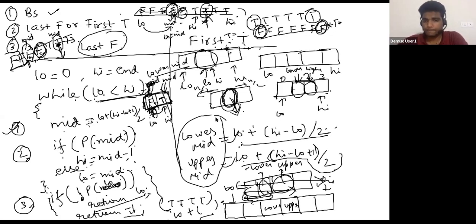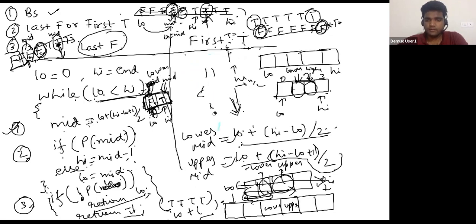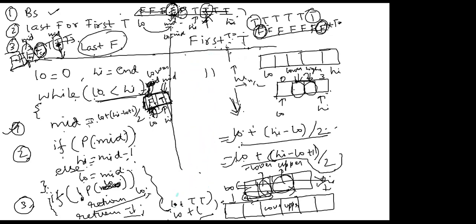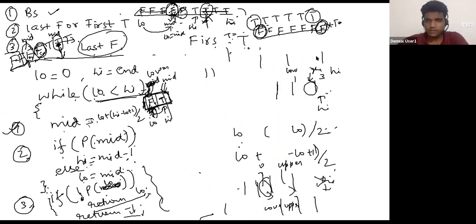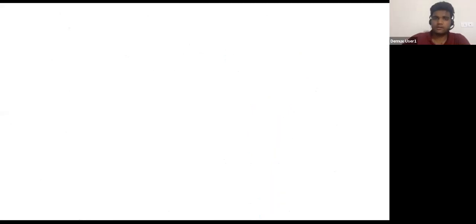Okay. So now tell me, what will be the code for first T? Can someone unmute and speak up? So if P of mid, then high equal to mid, else low equal to mid. Come again, one second, let me clear this. I want to find the first T. So you are saying while low less than high.